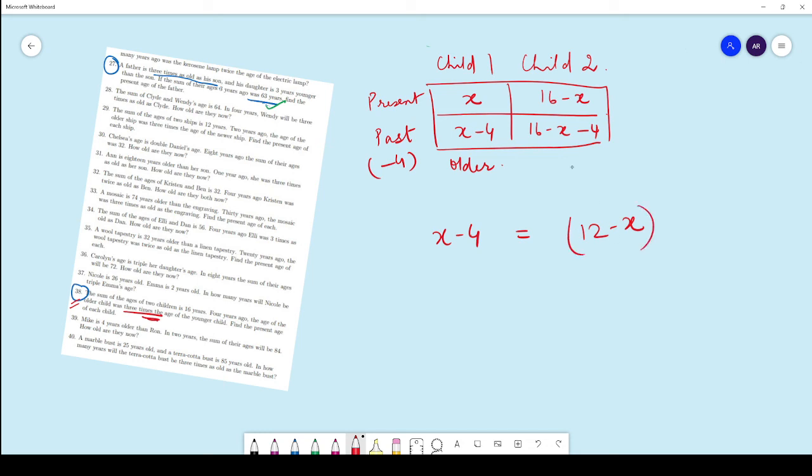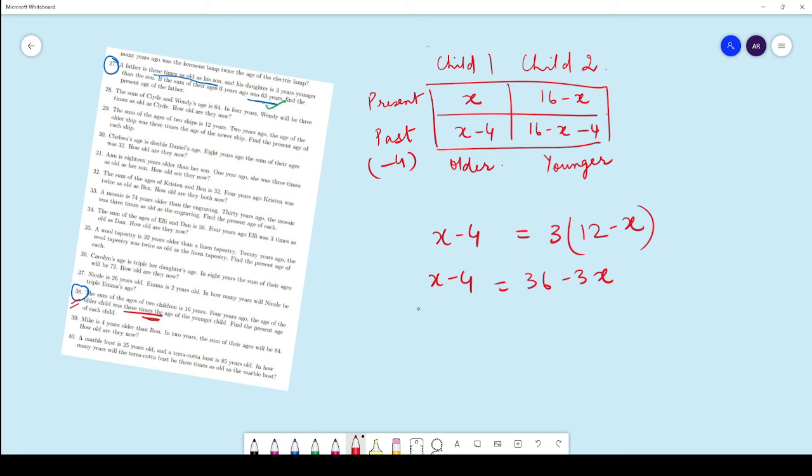So this is the younger child. Younger child, when you multiply it by 3, then the situation becomes like this. So what you have over here is x minus 4 equals 36 minus 3x, right?